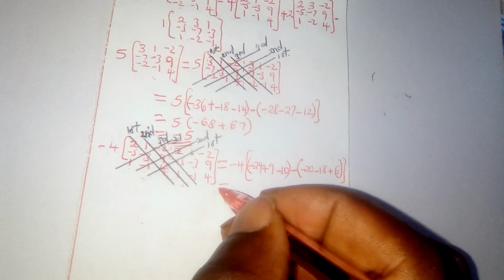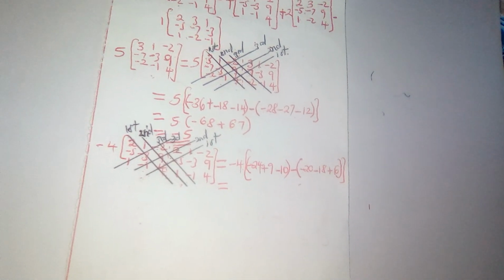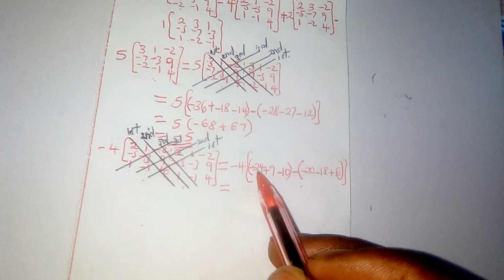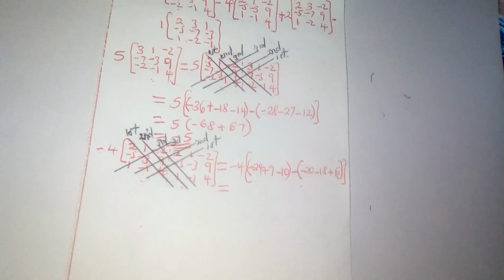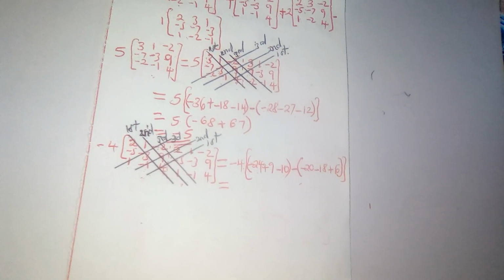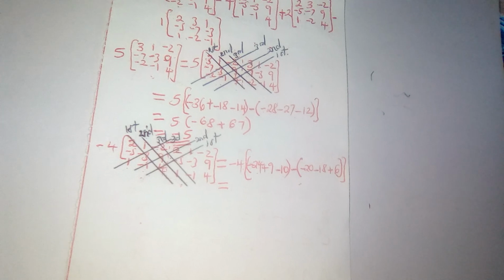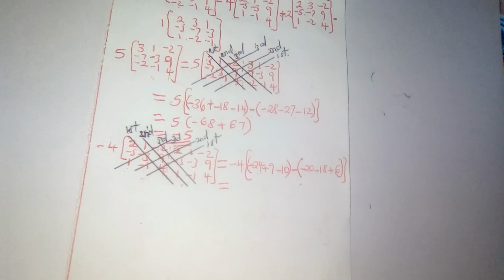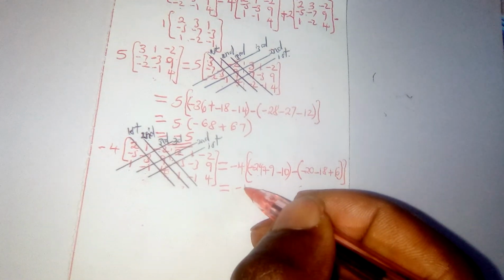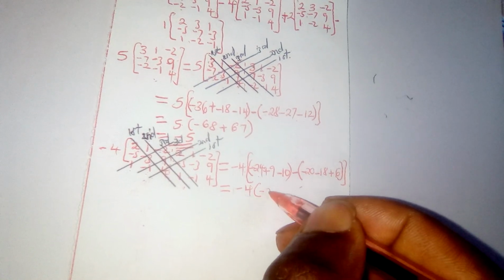Now, after doing that, you are supposed now to work out the content within the bracket. So I'll come and say that negative 24, then I add 9, then I subtract 10, I'll end up by having negative 25. So it is negative 4 in bracket negative 25.